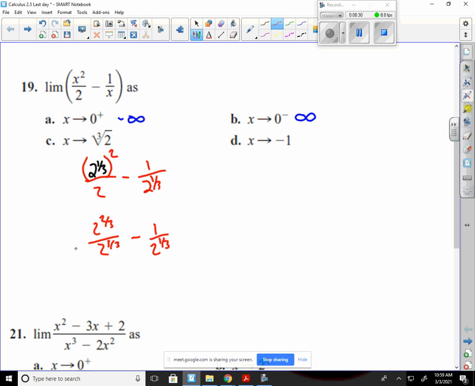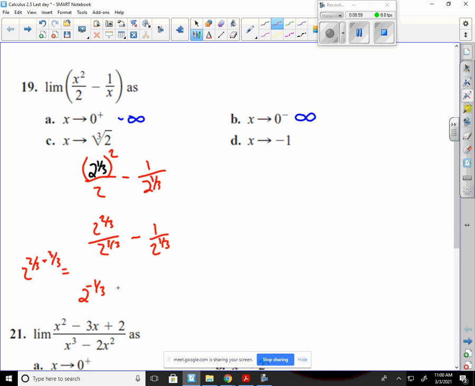If you remember how to do this, it's going to be subtracting them, 2 to the 2/3, and then it's going to be minus 3/3. That gives me 2 to the negative 1/3. And I can leave it like that, or I can make it 1 over 2 to the 1/3.